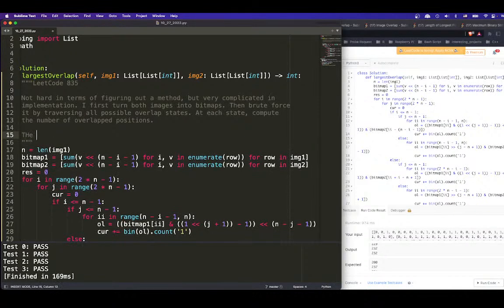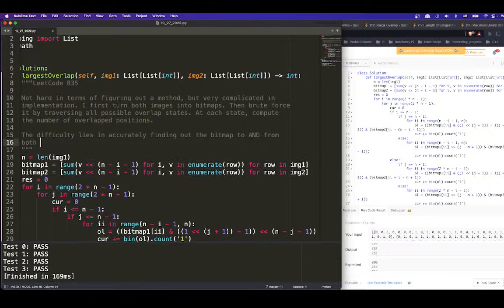The difficulty lies in accurately finding out the bitmap to end from both images at each overlap state.